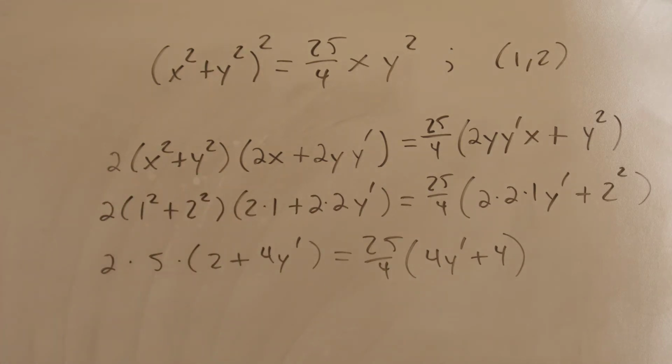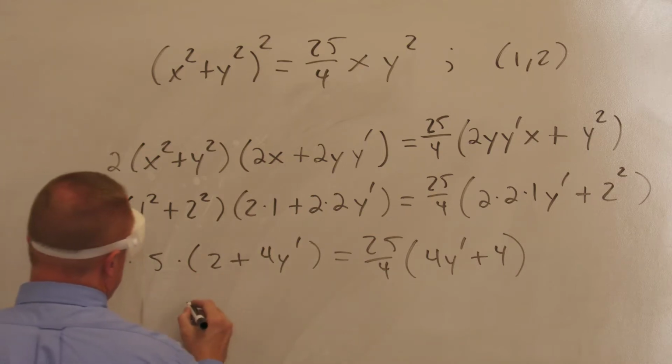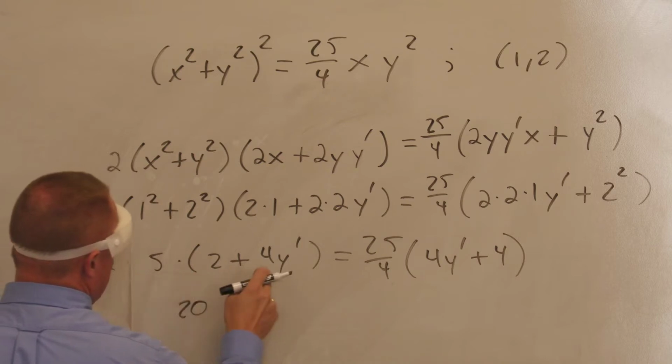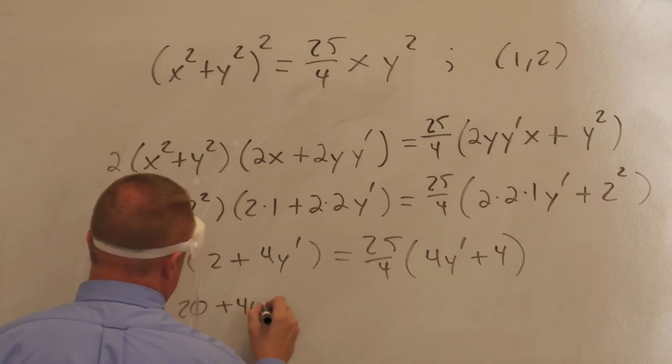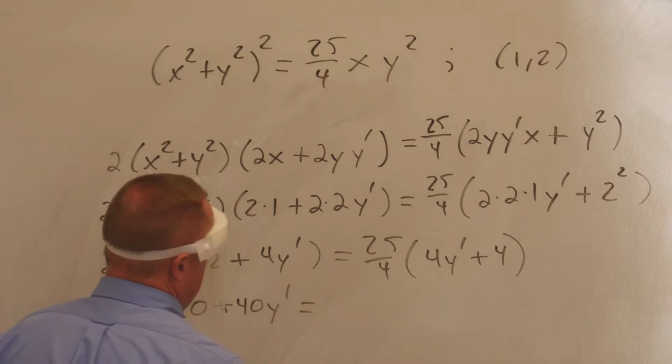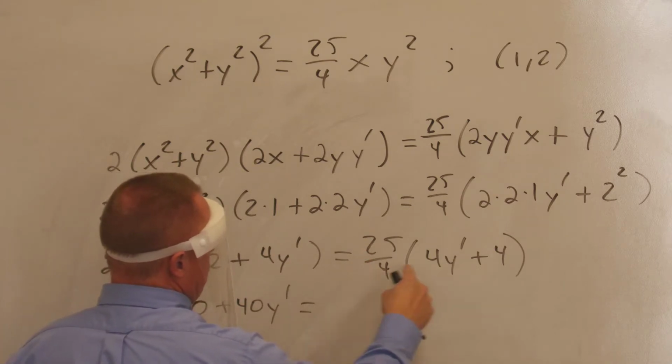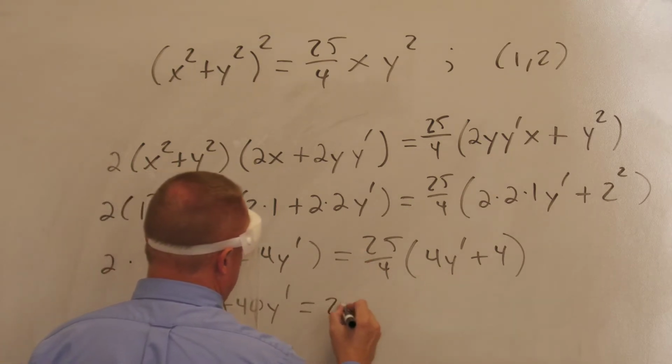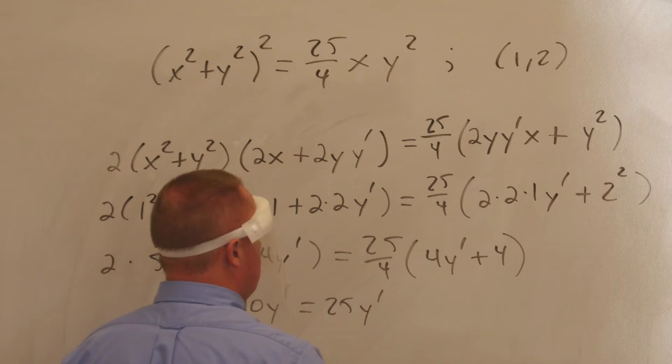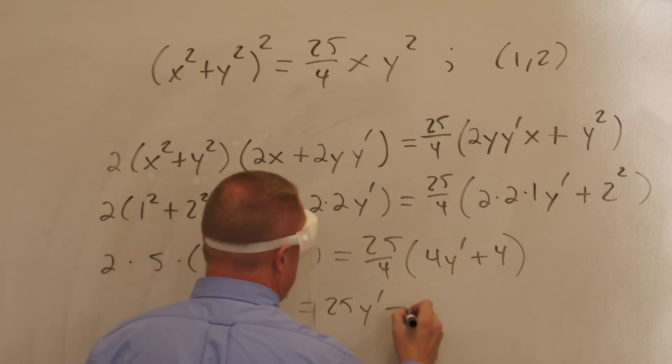I should be able to simplify it a bit more now. So this will be 10 times 2 is 20, and 10 times 4 is 40. Over here, 25 fourths times 4y prime is 25y prime, and 25 fourths times 4 is 25.